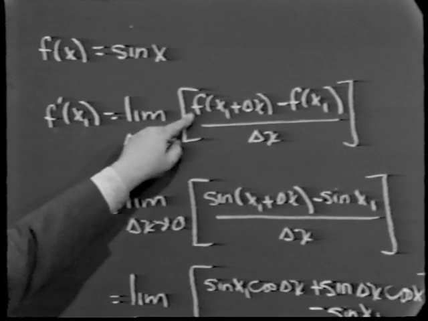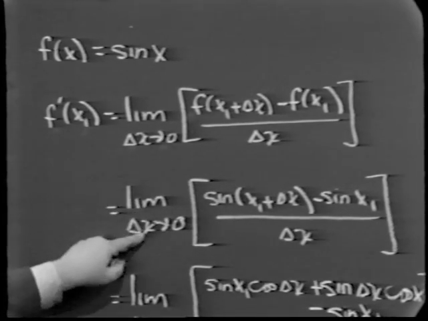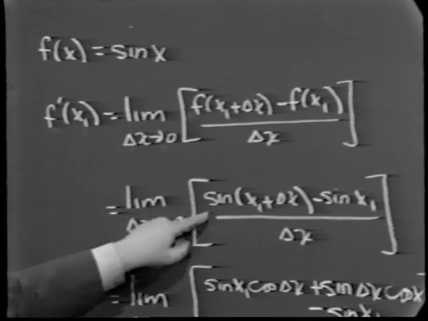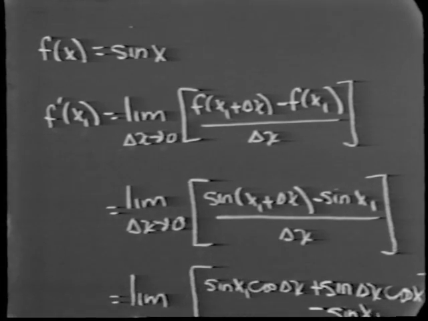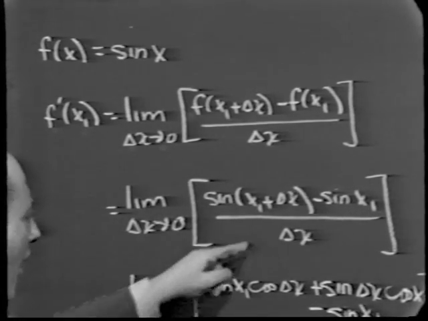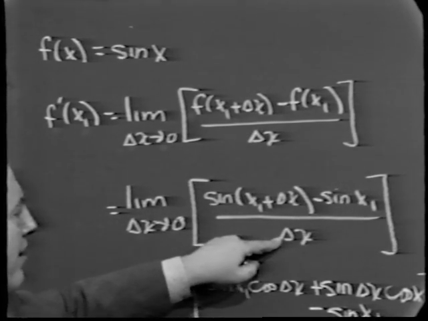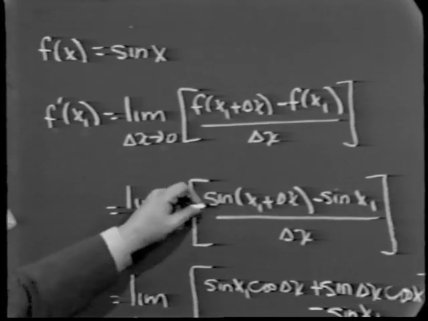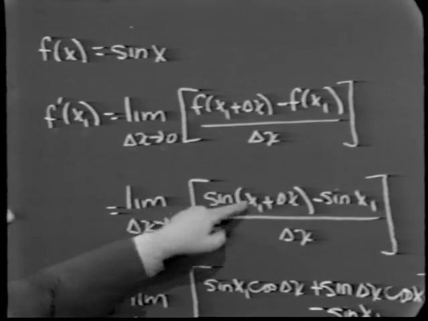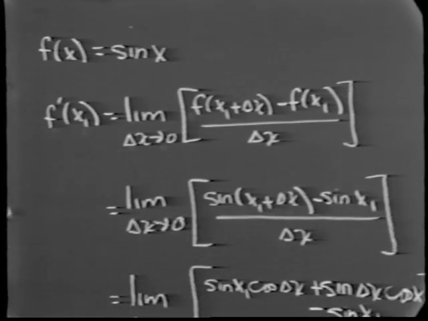In particular, if f of x is sine x, all we get is what? That the derivative is the limit as delta x approaches 0, sine of x1 plus delta x minus sine of x1 over delta x. Now you see, on this particular score, nobody can fault us. This is still the basic definition. All that happens computationally is that if we're not familiar with our new functions called the trigonometric functions, we might not know how to express sine of x1 plus delta x in a more convenient form.